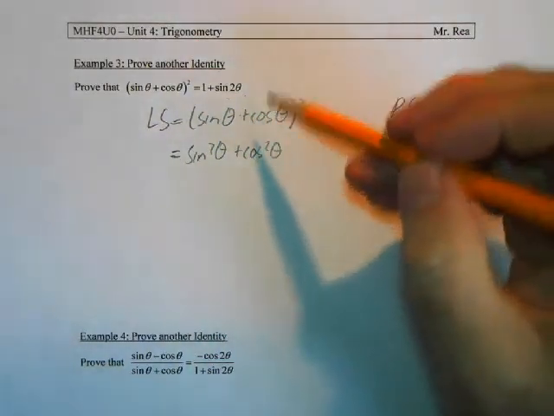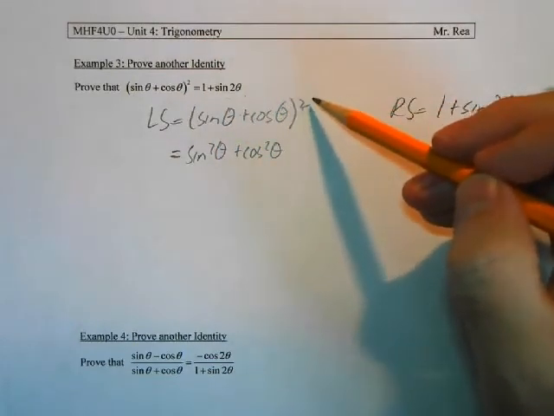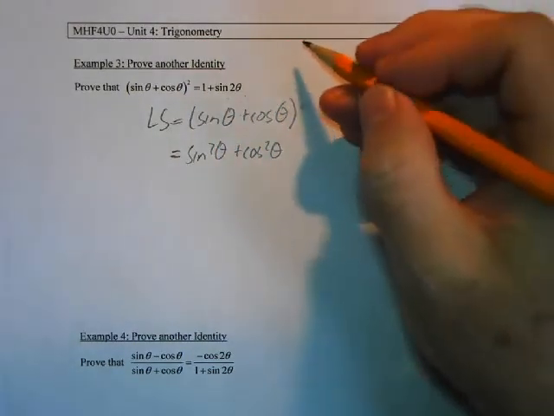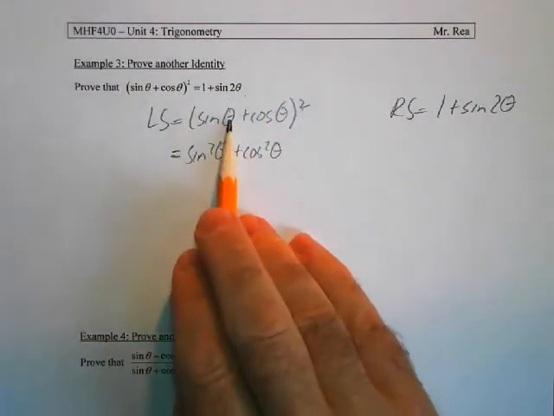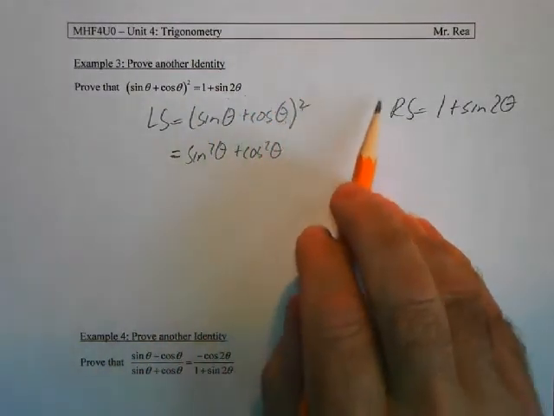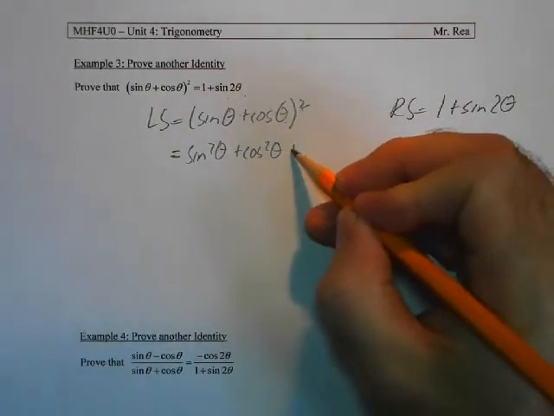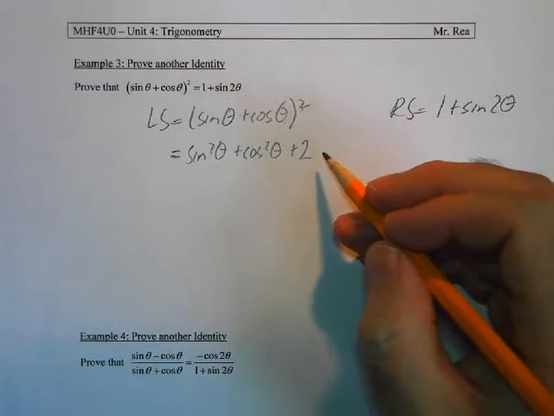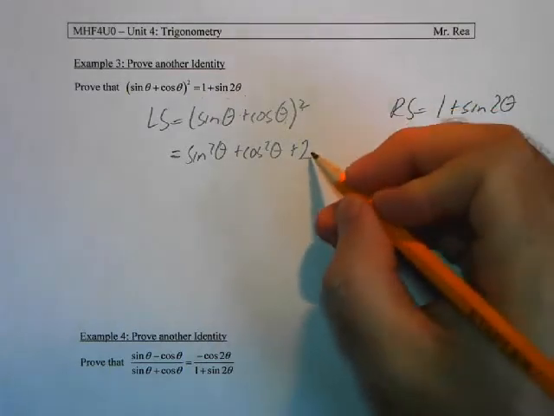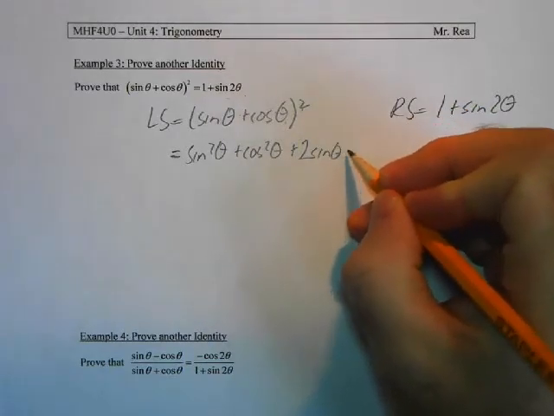But I'm also going to get a sine theta cos theta, and then another sine theta cos theta. Just remember, this is sine theta plus cos theta times sine theta plus cos theta. So I do get that middle term from the outside-inside multiplications, and that's going to be 2 sine theta cos theta.